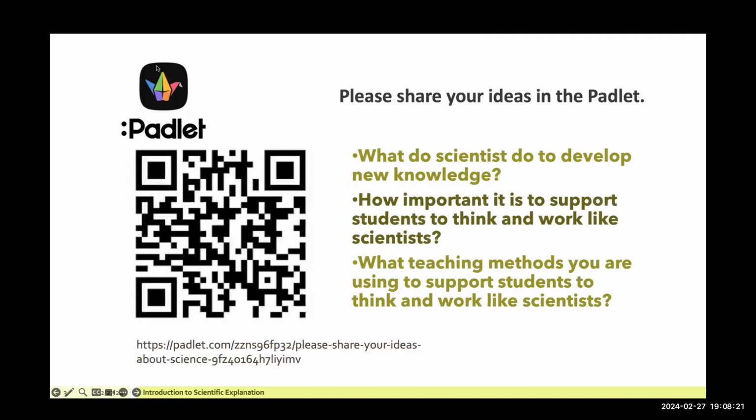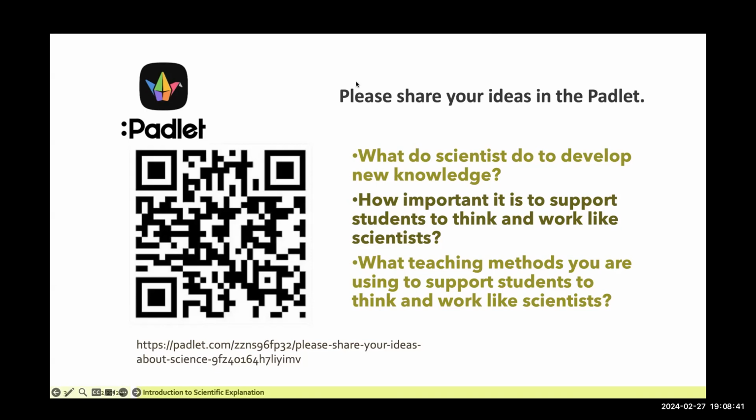So, what do scientists do to develop new knowledge? And because you are science teachers, I would like you to think about the methods you are using to support students to think and work like scientists.